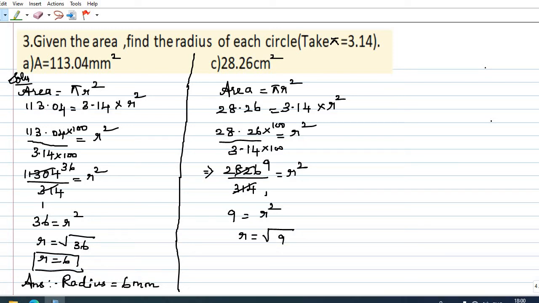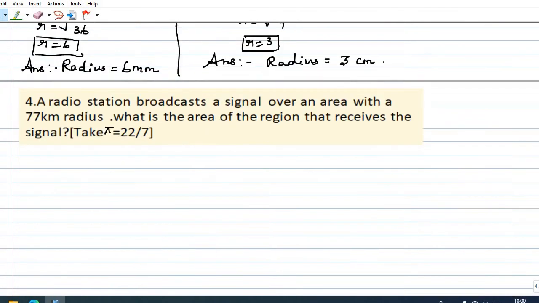So I am taking the square root for that. r is equal to square root of 9, which means r is equal to 3. 3 threes are 9, a perfect square. Now my answer: radius is equal to 3 centimeter. Can you understand this, children? Shall I move on to the next sum?